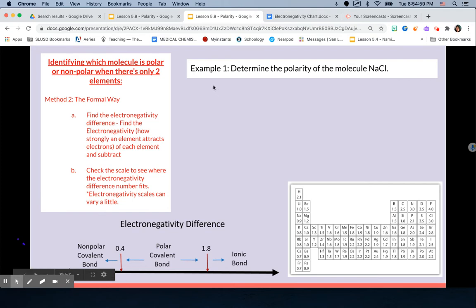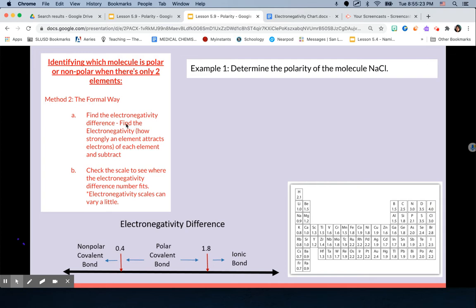Okay, so let's go over the formal method, or the regular way, of figuring out whether a molecule is polar or nonpolar when there's only two elements, right? So essentially what we need to do is to find the electronegativity difference of both elements.